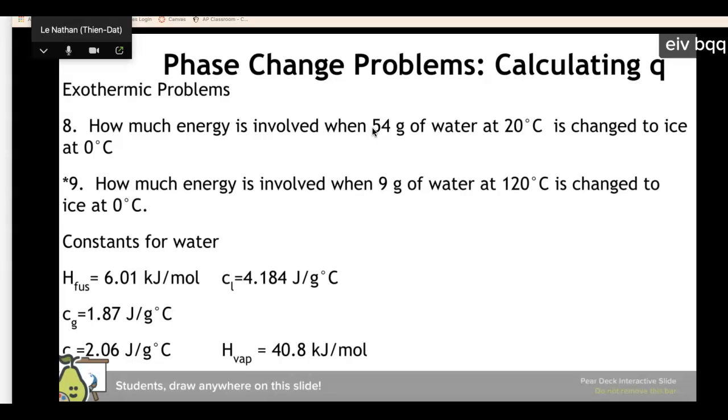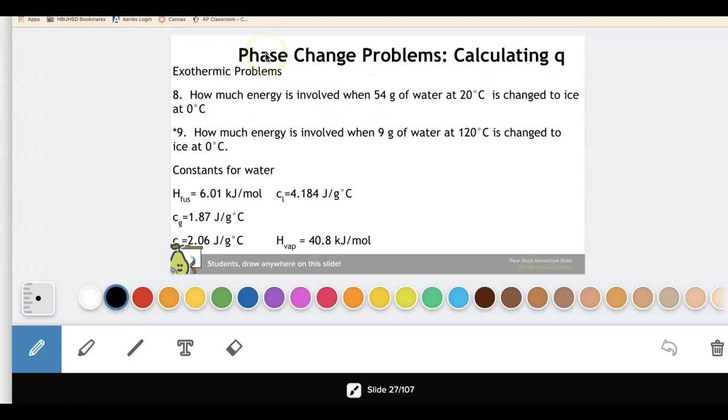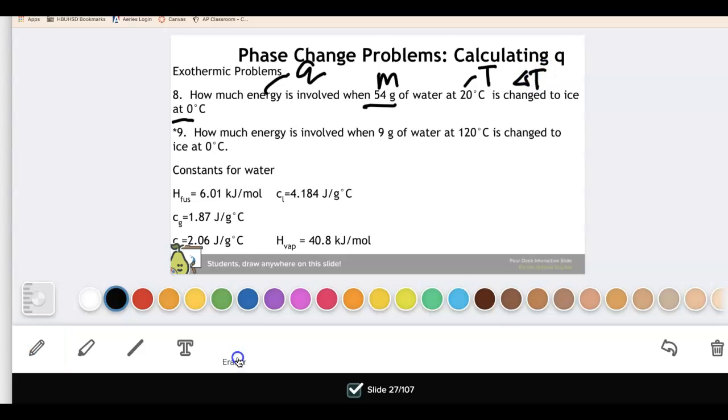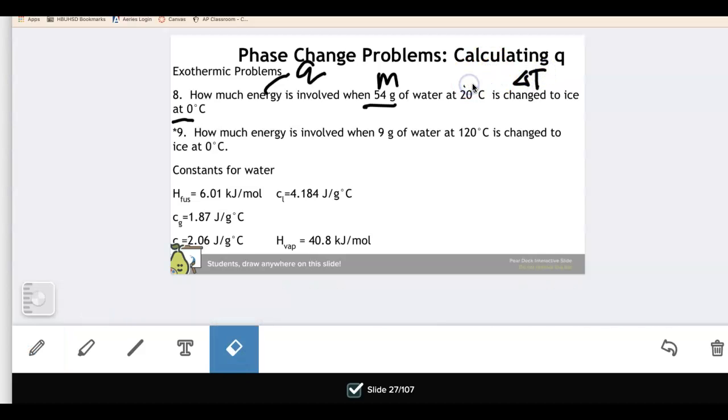So, okay, so this is Q, all right? And I give you 54 grams, so that's mass of water. And then I give you a temperature and another temperature. So basically I have delta T. Remember the triangle, it's called delta.